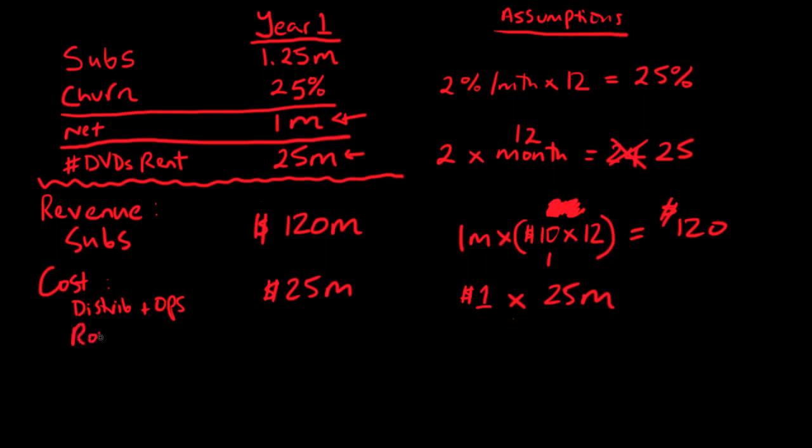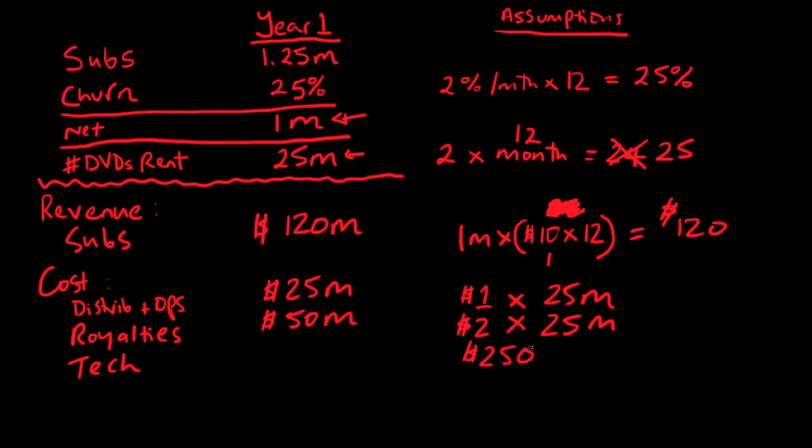The next thing we need to do is pay the royalties to the film companies for renting their DVDs. Our assumption here was $2 per DVD. Once again, we've rented 25 million in this year, so this item equals 50 million. Our technology costs, we assumed, seems a bit low, but we'll leave it in here, to get our platform up and running was going to be $250,000.